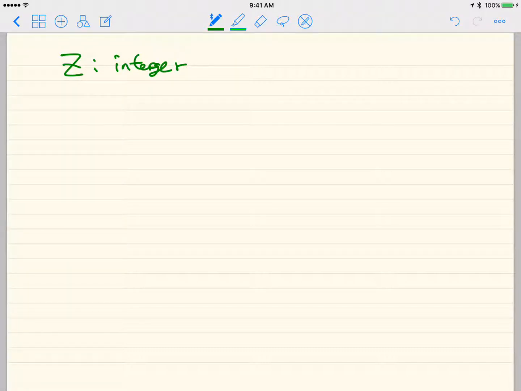So let me ask a few questions. This Z containing all the possible integers, is it closed under addition? Or in Korean, what is it? Yeah, how do we say it in Korean? 닫혀 있다 혹은 열려 있다. So integer set is closed under addition.